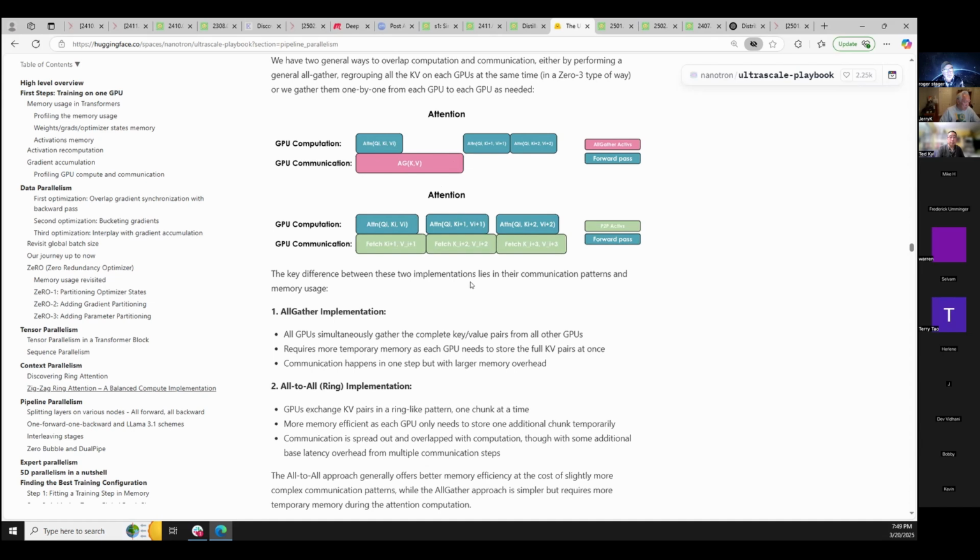So again, all of these things depend on what's going to work best for you. At the end of the article, they tell you what was the fastest way of using these different things: how much data parallelism, in some cases none, how much tensor, how much context parallelism. They say this is what was optimal on our system, which involved training this version of Llama with H100 GPUs in eight-GPU nodes.